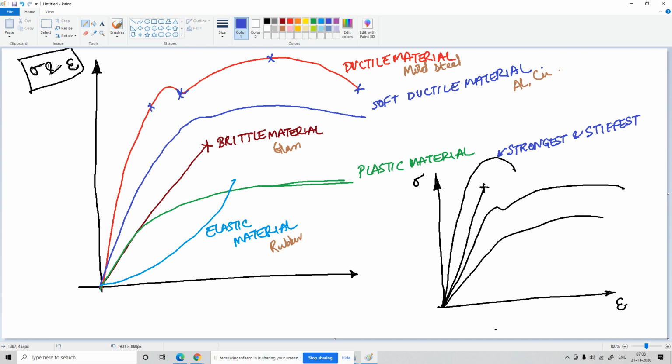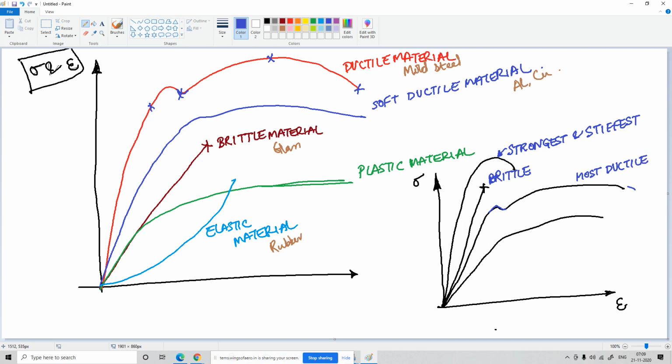Next, the one which increases and then leads to break is brittle in nature. The one which has a curve, then ups and downs, is the most ductile in nature.